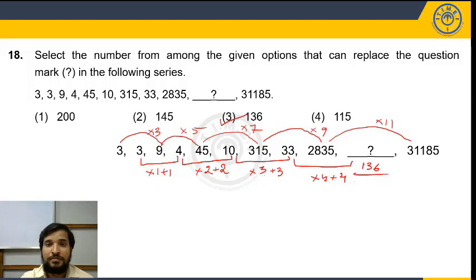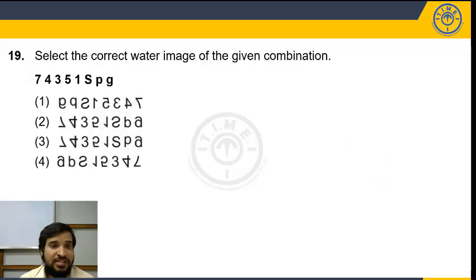Next question. Select the correct water image of the given combination. So it is asking for the water image of the given combination, that is 74351 SPG.